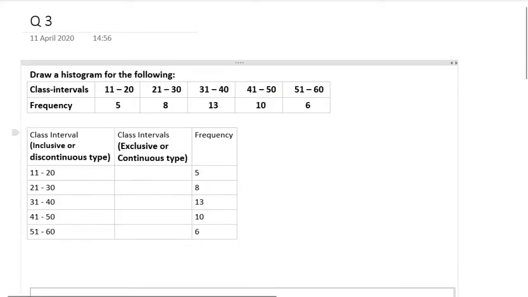In the next question, the first thing is that the class intervals are discontinuous or inclusive type. You have to convert the discontinuous class intervals into continuous type.